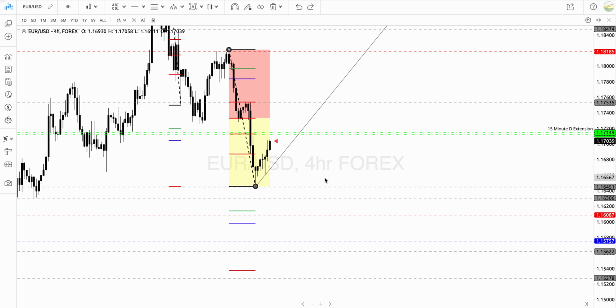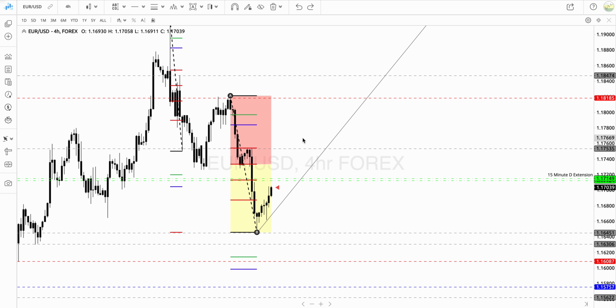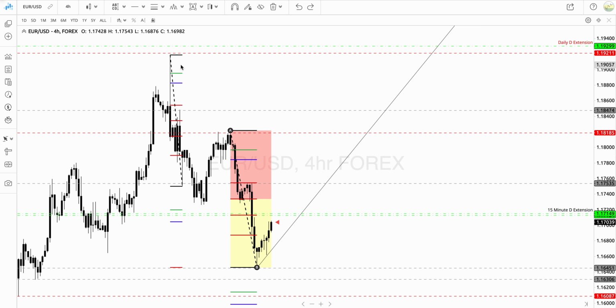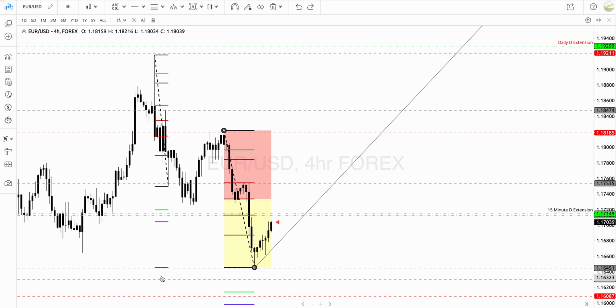So what I am seeing is the potential for, so if we look at this, let's look. Right, so we got A high, B low. We got a 38.2 pullback that formed a daily level of resistance. We hit the D extension, price retraced, right, and pushed back.